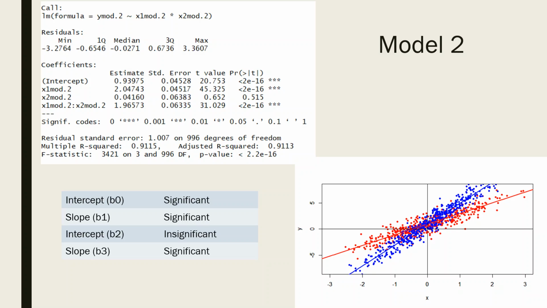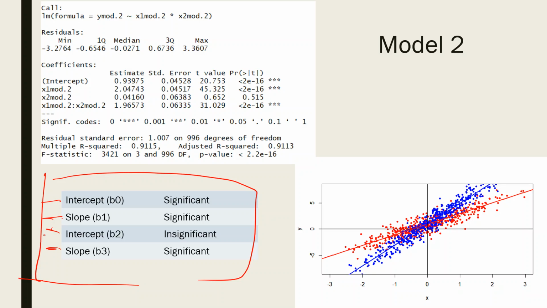Let's deal with model 2 as well. Here we predicted that our second intercept would not be different from 0, and everything else would be significant, and that's what we see here. We see a change of slope. We see that both the lines go through the same intercept, and we also see that our initial intercept is greater than 0, and our model actually reflects that as well.